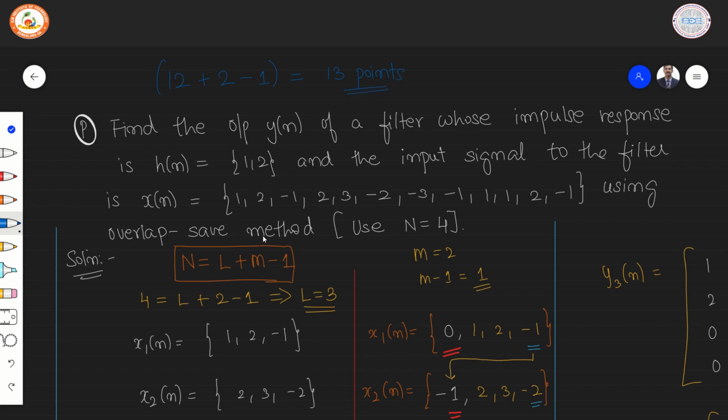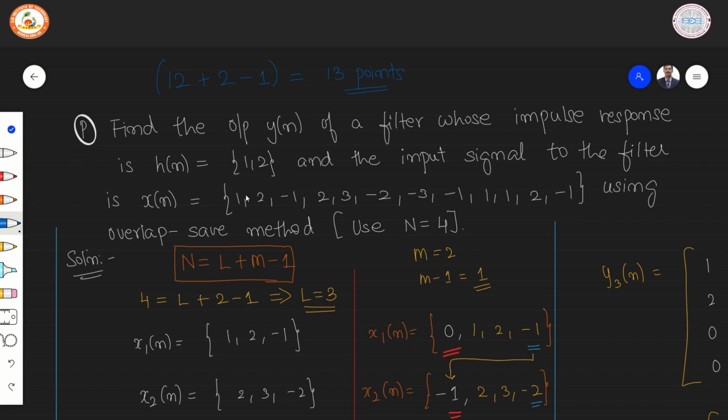Now let's proceed with the problem. The relation governing the linear convolution here will be N equal to L plus M minus 1. The blocks are chosen to be of size N, which is equal to L plus M minus 1.